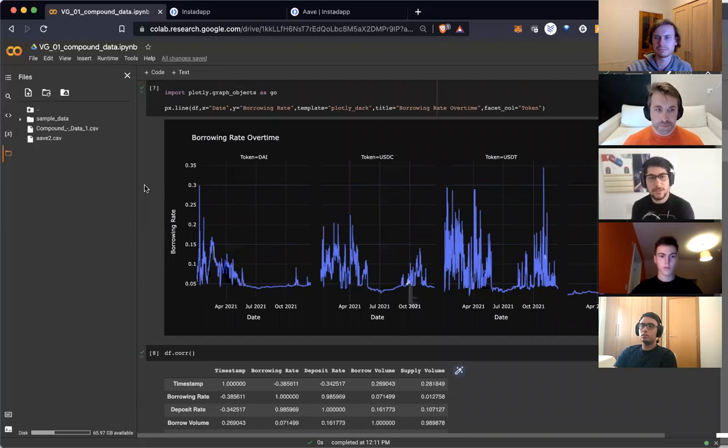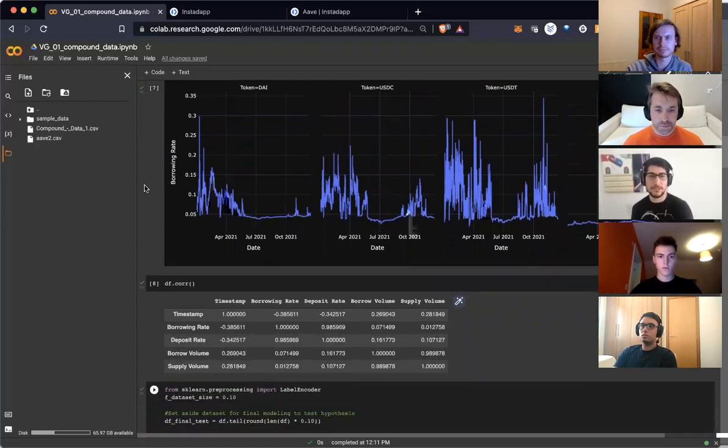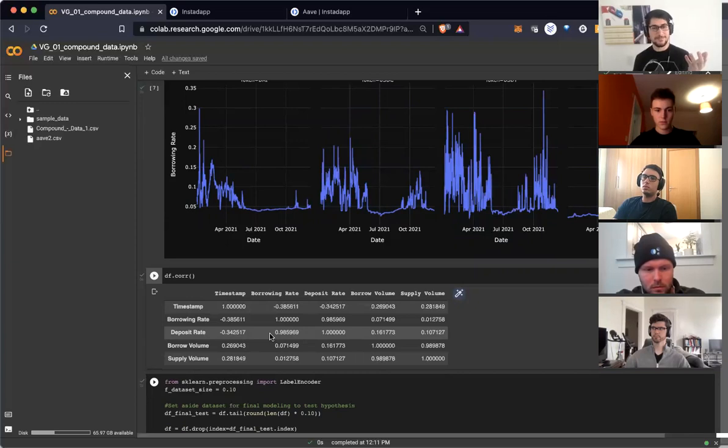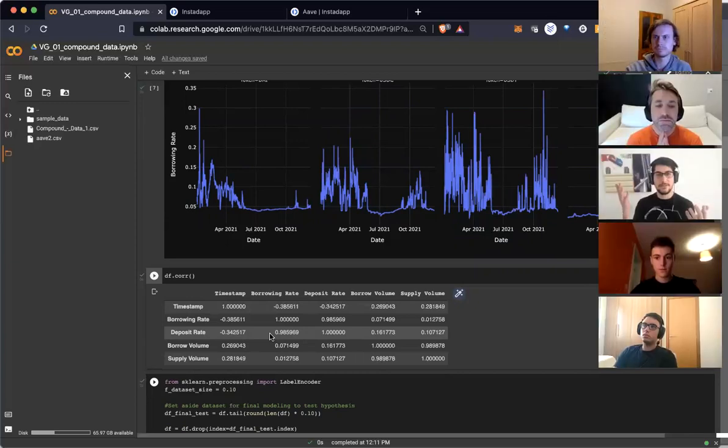Then just looking at the correlation at an aggregate level and not by token, we have a really high deposit rate correlation with the borrowing rate. So the higher the deposit is, the higher the borrowing rate is going to be, which seems like it should be the opposite. Because the higher the deposit is, you would have more supply, so the borrowing rate should go down.